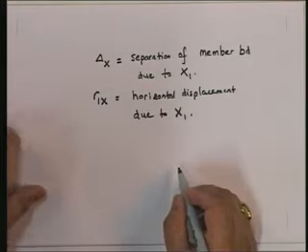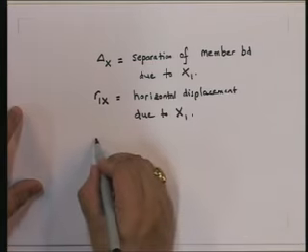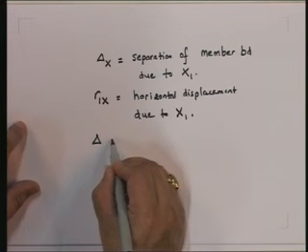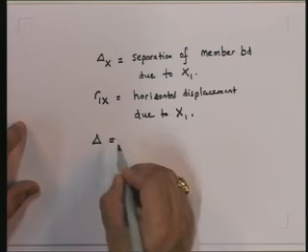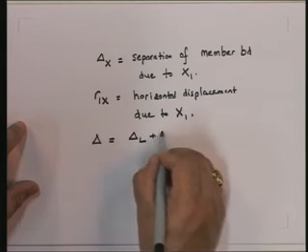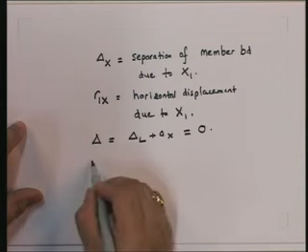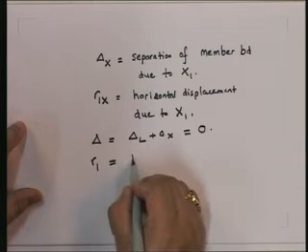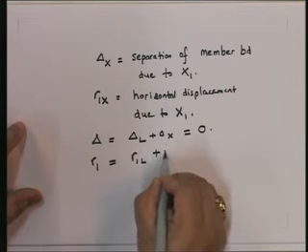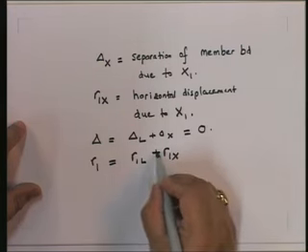Okay, so therefore, what is the final solution? The final solution you will see is delta, that is the deformation, the separation in the original structure is going to be equal to delta L plus delta X, which by the way is equal to 0 because there is no separation, and R1 is equal to R1L plus R1X.